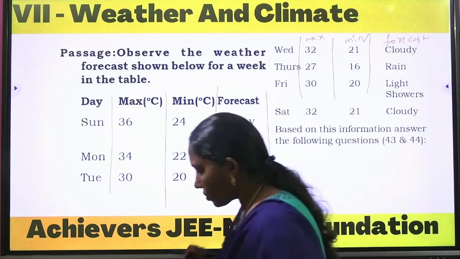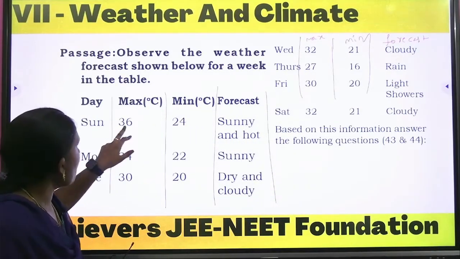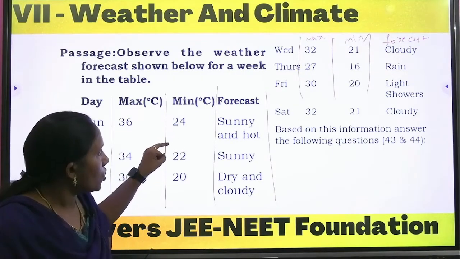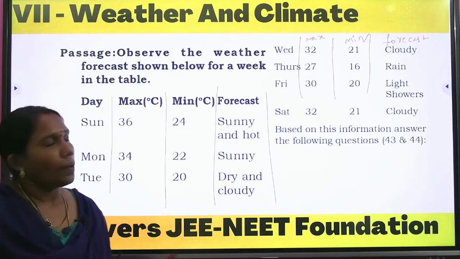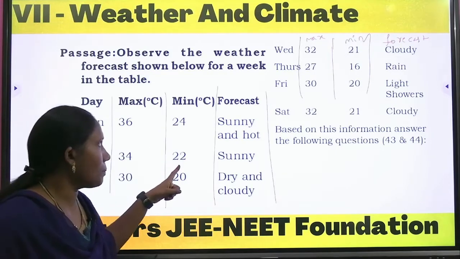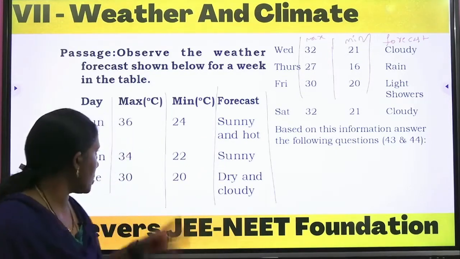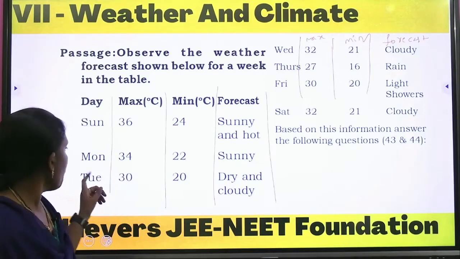On Sunday maximum temperature is 36, minimum is 24, so the forecast is sunny day and hot day. Monday maximum temperature 34, minimum temperature is 22, and forecast is sunny day, because 34 is the maximum temperature, so we can say it is a sunny day.